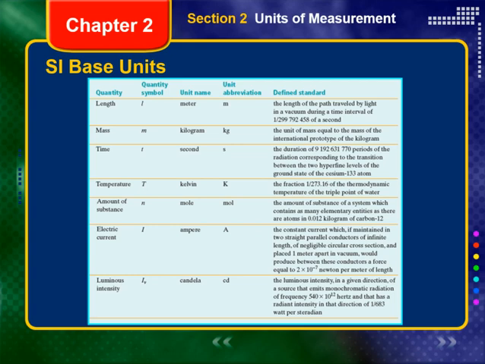The 7 SI base units and their standard abbreviation symbols are shown on the screen here, but also on page 34 of your text. All the other SI units can be derived from these fundamental units. Prefixes added to the names of the SI units are used to represent quantities that are larger or smaller than the base units.